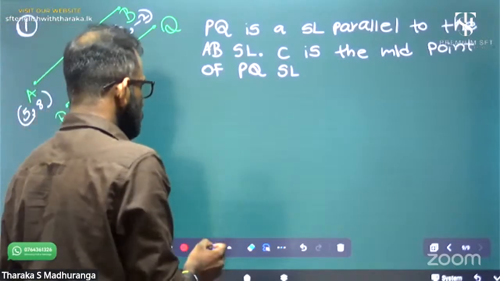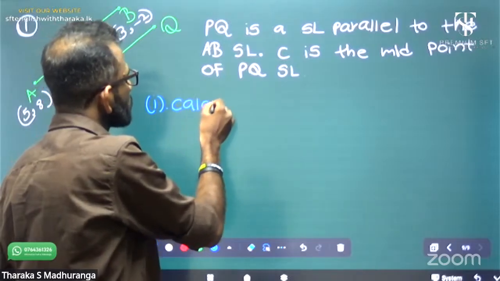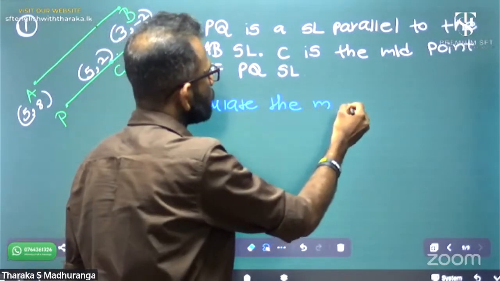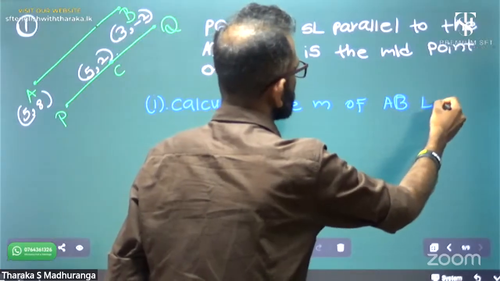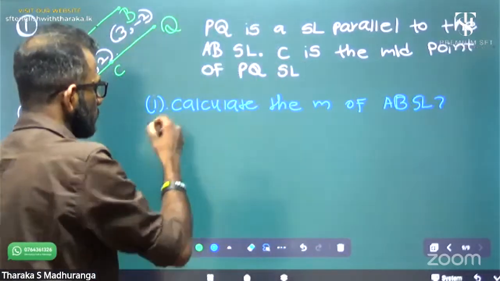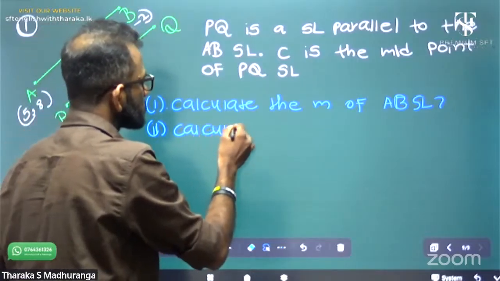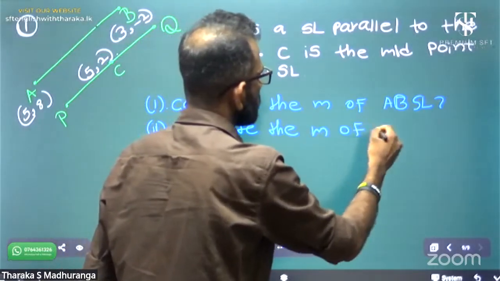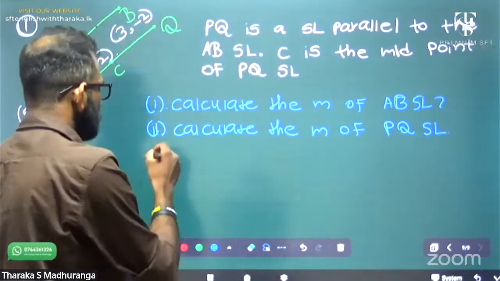Question part 1. Calculate the gradient of AB straight line. Second one, calculate the gradient of PQ straight line.